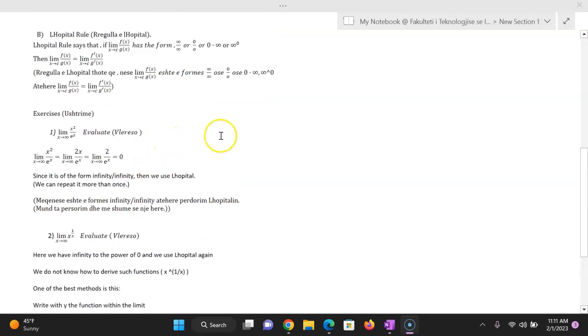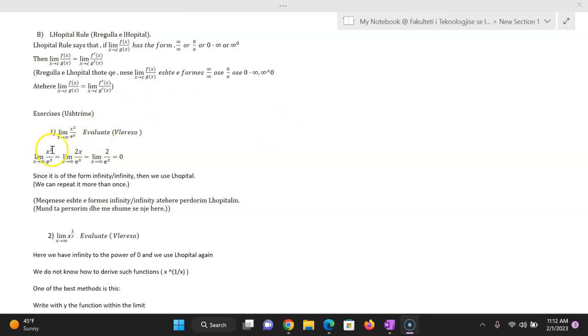So let's see this in two exercises. The first exercise tells us that the limit when x approaches infinity of x squared over e to the x should be evaluated. Okay, since it is the form infinity over infinity, then we have to use L'Hopital's rule. But we can repeat it more than once.